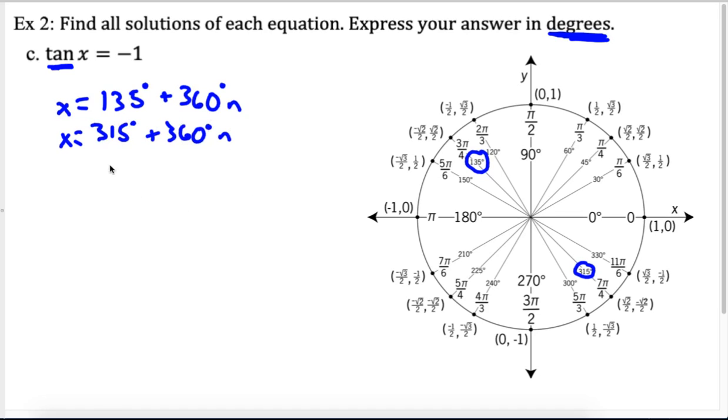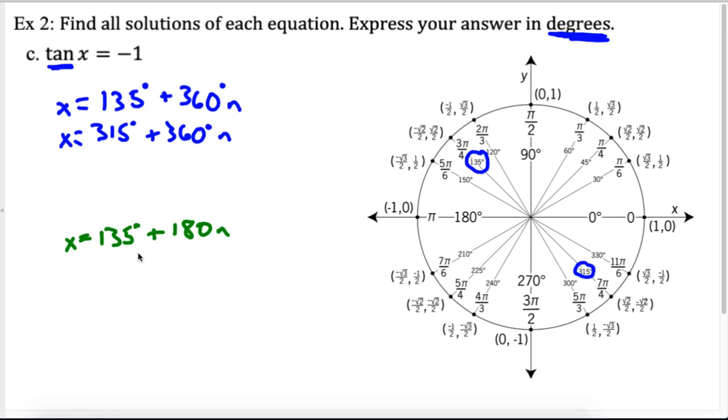But another way that I could express this answer, and again, this only applies to tangent or cotangent, but we're really just going to focus on tangent here. Another way that I could write this answer would be 135 degrees plus 180n. This form of the answer actually includes 315.